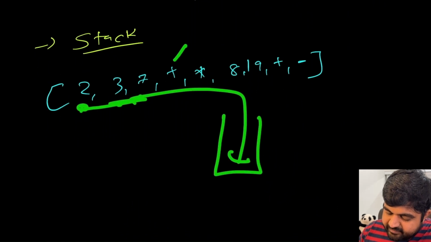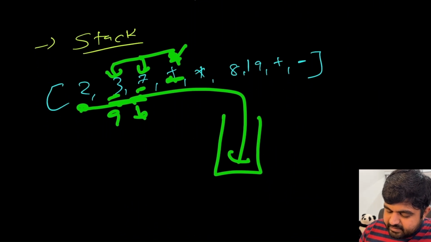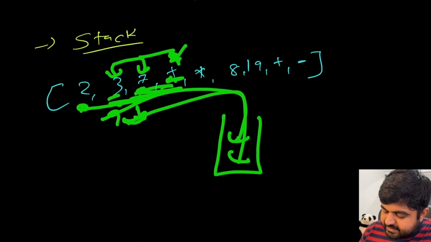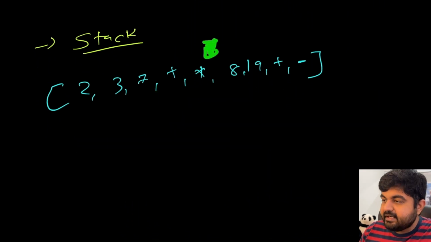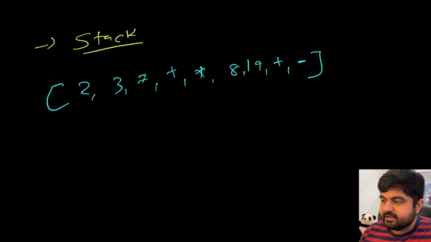The moment we identify an operator, we pop the previous two elements, treat them as A and B, and apply that operator. Whatever answer we find, we push back inside the stack, and we repeat the same process until we identify the next operator. When we reach the end, we should have our answer ready, because we are told the given input is valid. So let's see the solution in action.